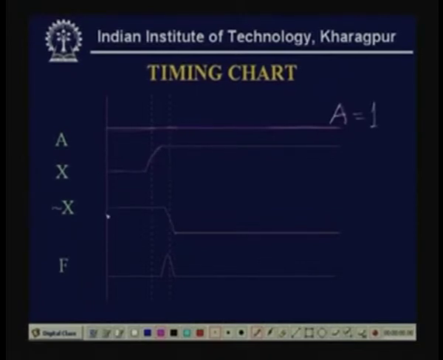Now, what about the X complement? Initially the X complement was high, and in the ideal situation it should become 0 here, but it will take some time for the inverter delay.